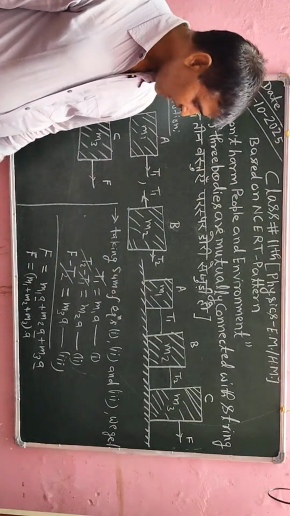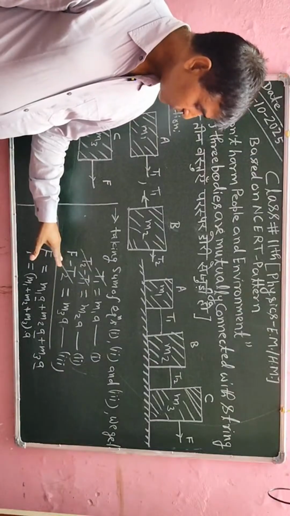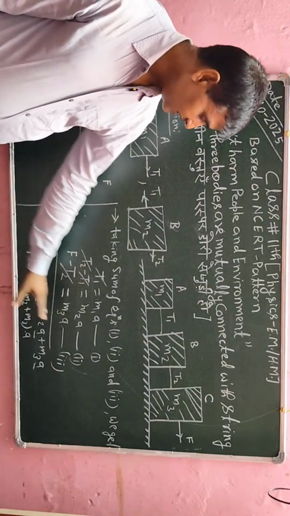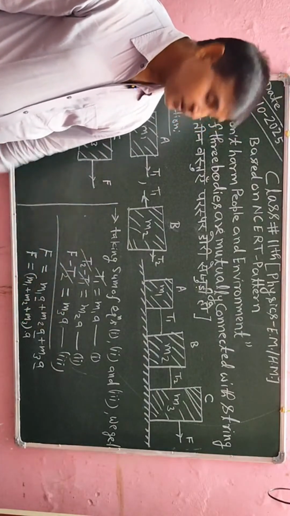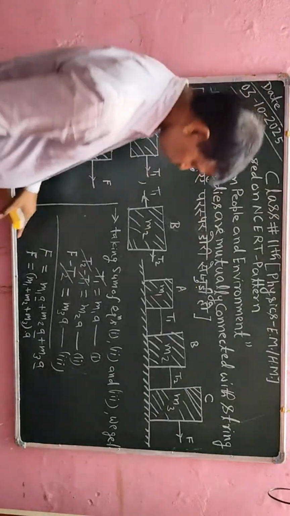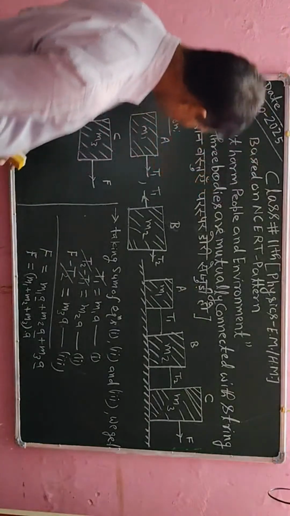Then I will put the value of A in equation number 3 and simplify, and after simplifying I will get the value of T2. So this value I will save here.